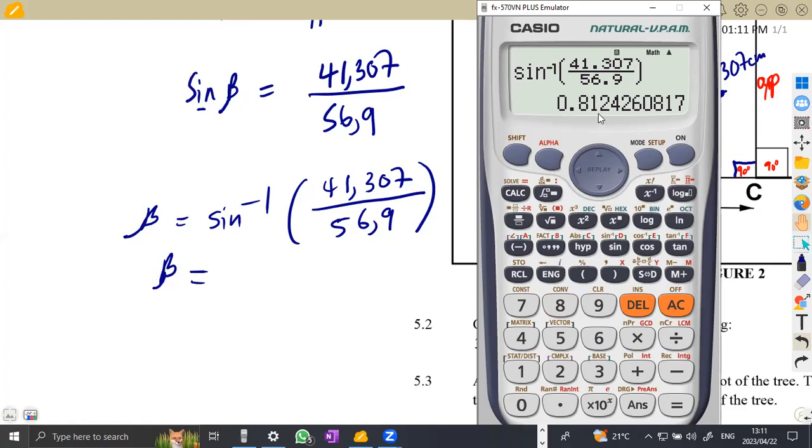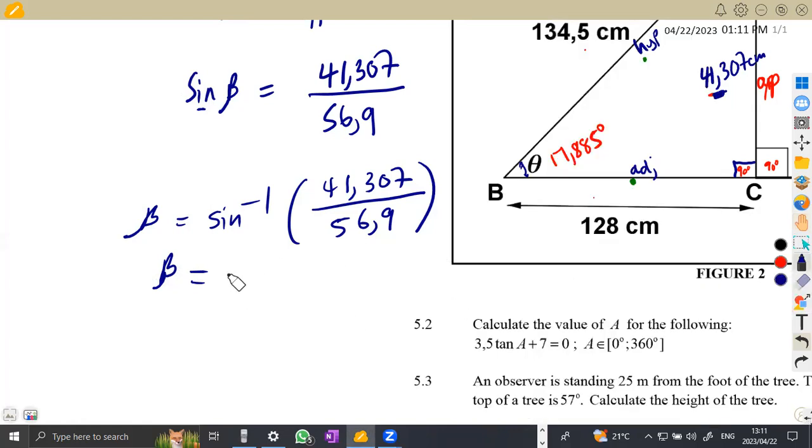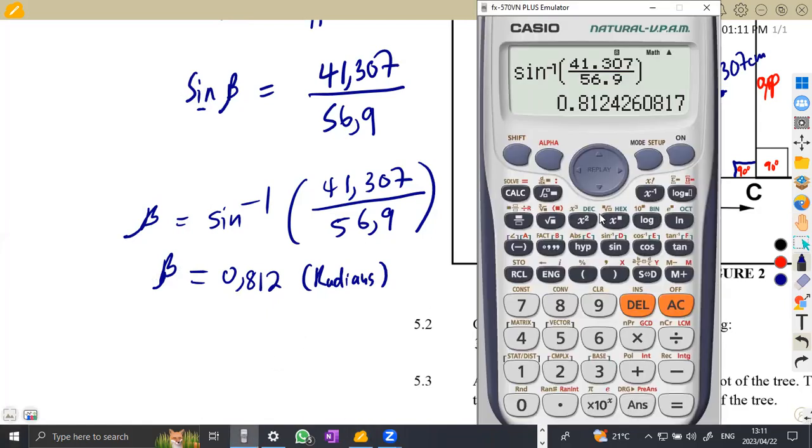To 3 decimal places, that's 0.812 in radians. That's how we can use our calculator to give our answer in radians.